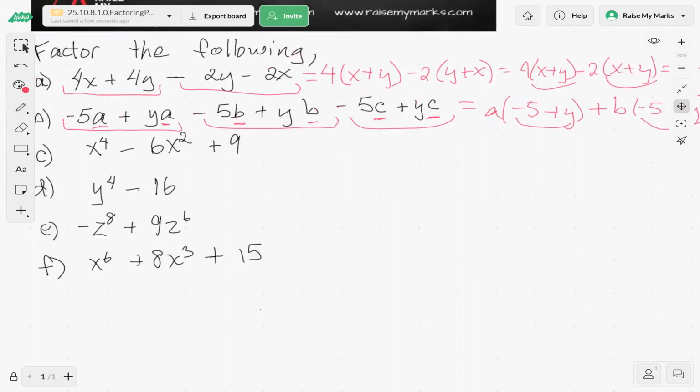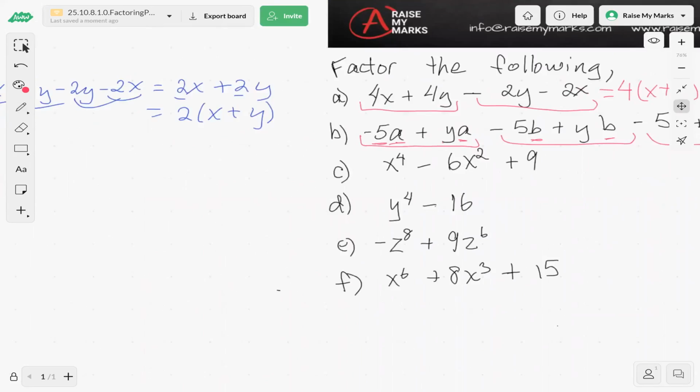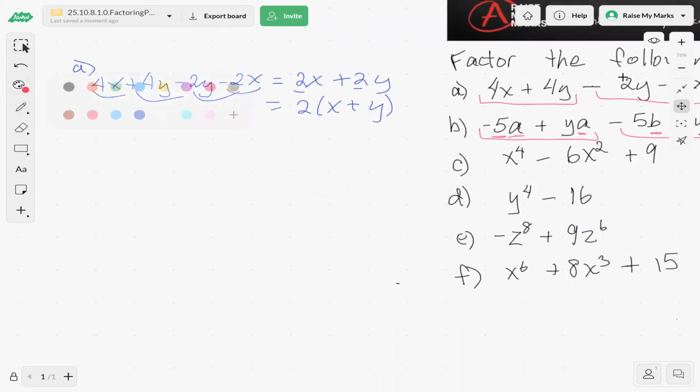Again, I'm sure there are other ways we can factor this. We can look at groupings where we're grouping all the y's together and everything else together, or the 5s, because 5 is common. But why don't we try one more way of factoring this over here? Let's pick a different color.